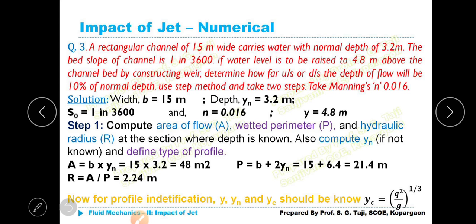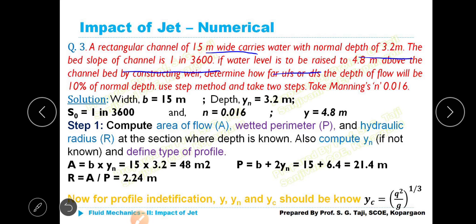Let us read the numerical problem first. What is the problem given? A rectangular channel of 15 meter wide carries water with normal depth of 3.2 meter. The bed slope of the channel is 1 in 3600.